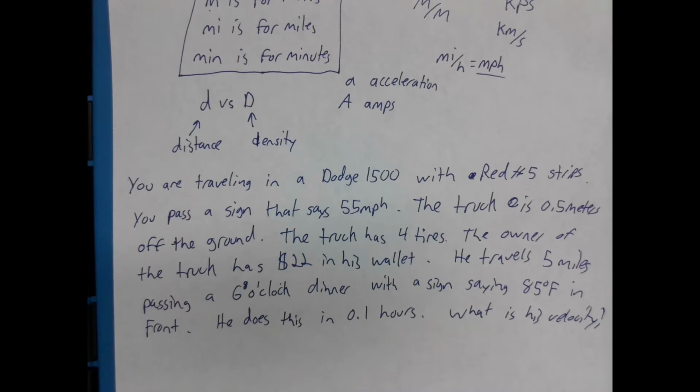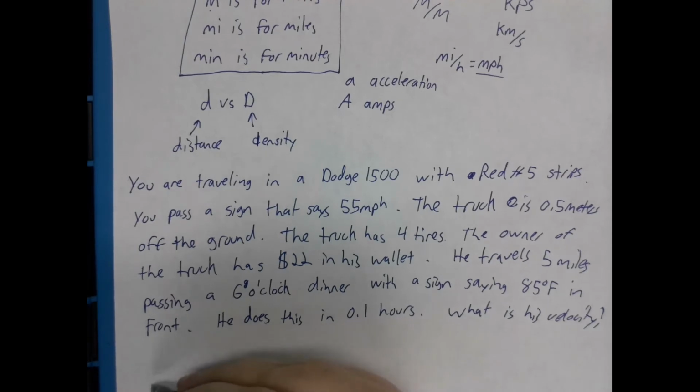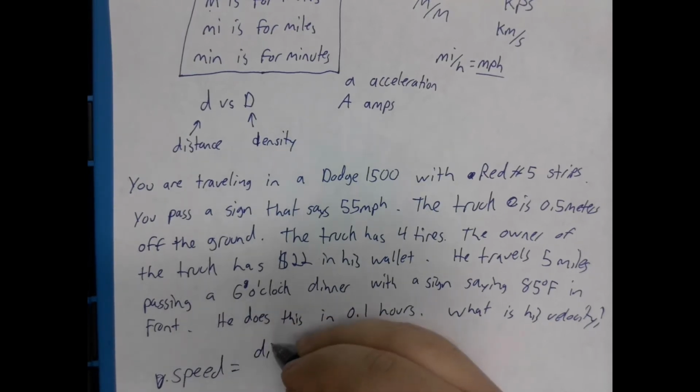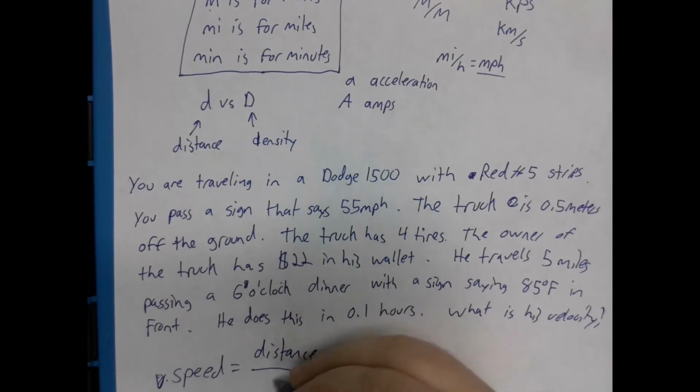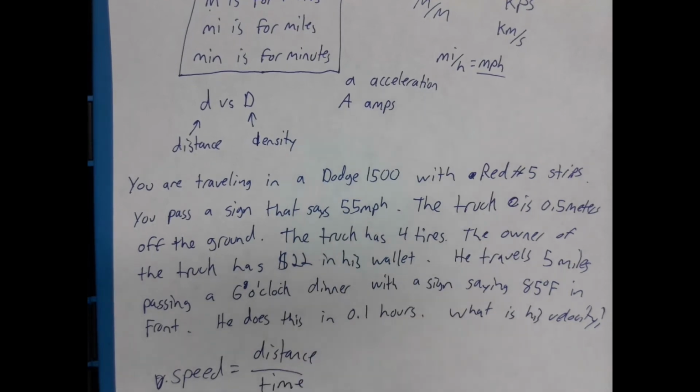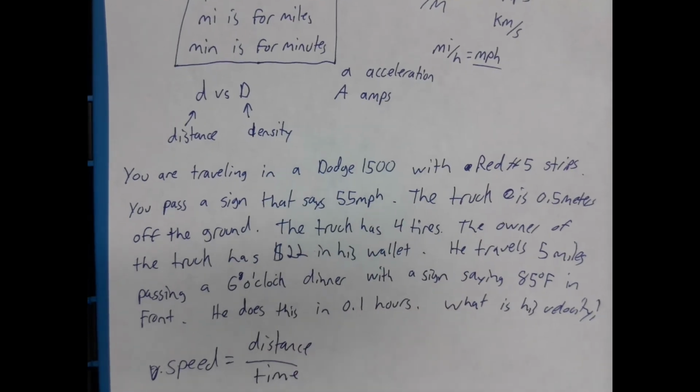So, there's a lot of numbers in this problem. You have to actually read the problem and see what it's saying. Almost all of these numbers are unimportant. What you're trying to find out is velocity or speed, so speed is equal to distance over time. So you need to ask yourself, what distance did he travel?